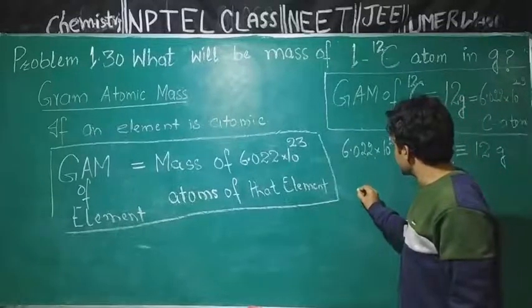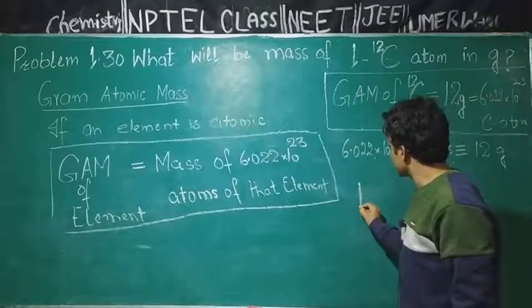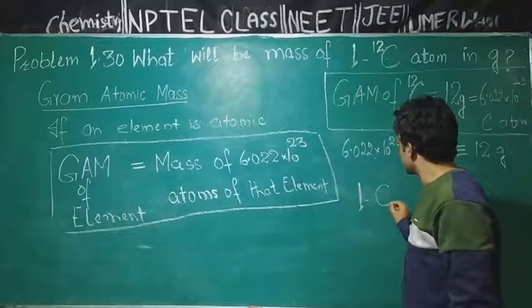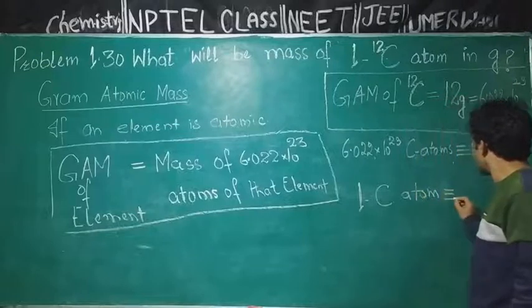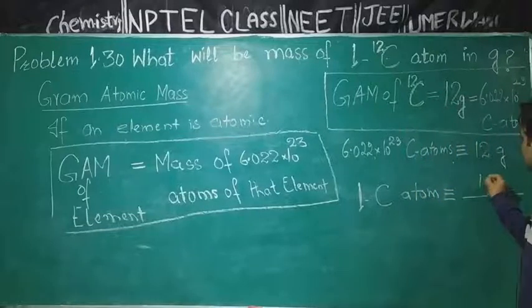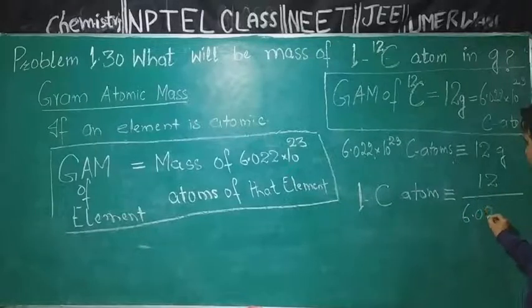So one carbon atom will weigh 12 divided by 6.022 into 10 raised to power 23 in grams.